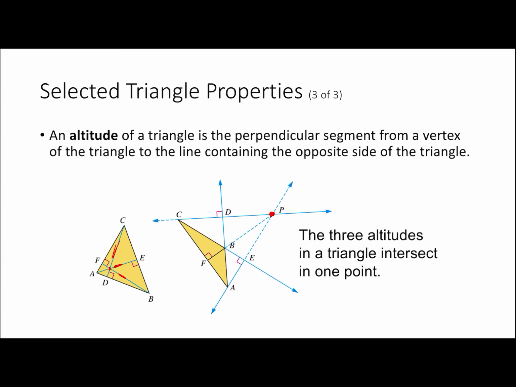In an obtuse triangle, the point where they all meet is going to be outside the triangle. And again, an altitude of a triangle is the perpendicular segment from the vertex of the triangle to the line containing the opposite side of the triangle. And again, they all intersect at one point. So that too may be something that helps us when we get into these proofs in section 12.2.